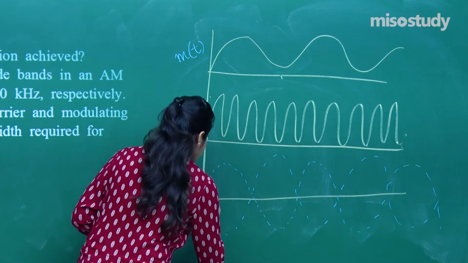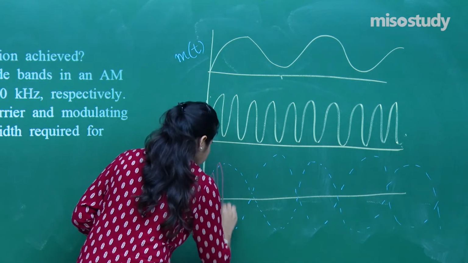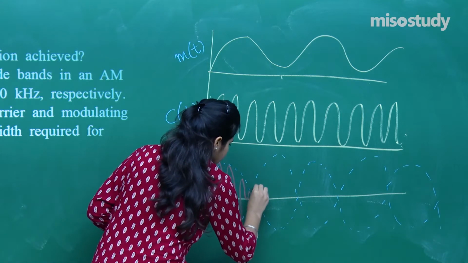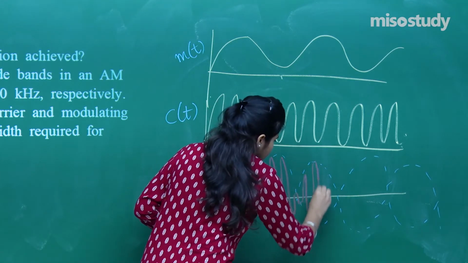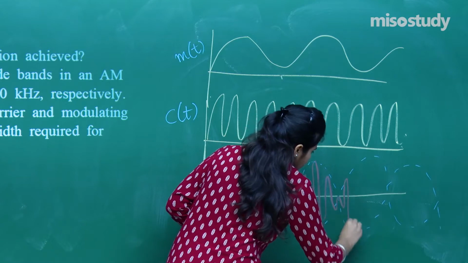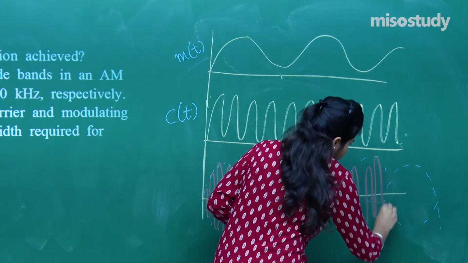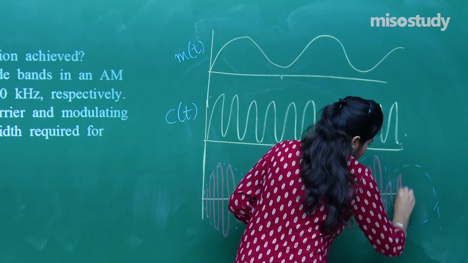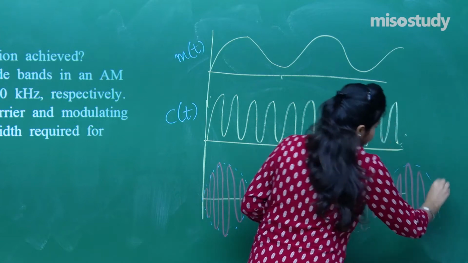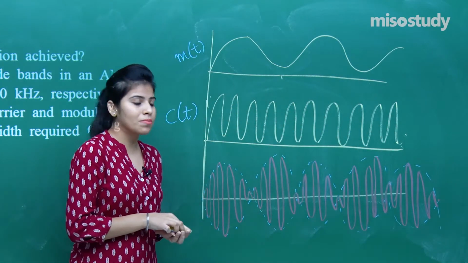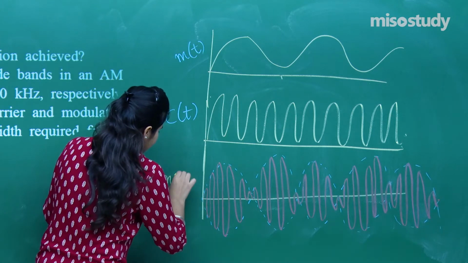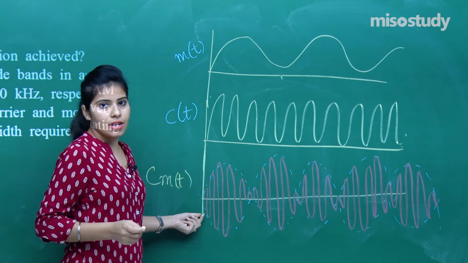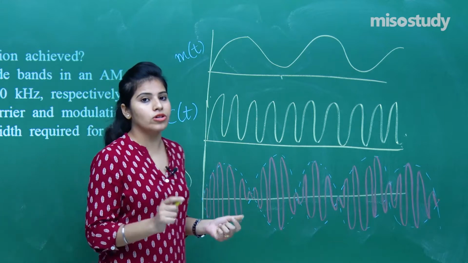And this will be like this. Hope you understand what we mean by this. So this is your modulating signal and this is the amplitude modulated signal.